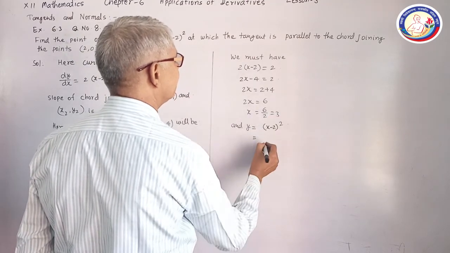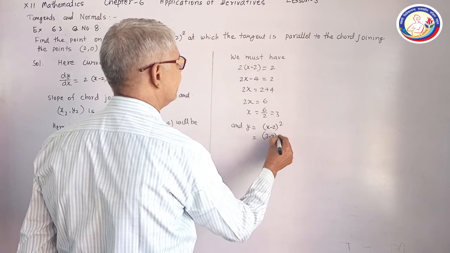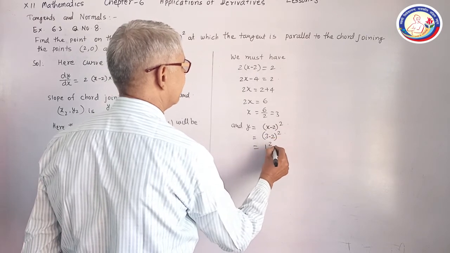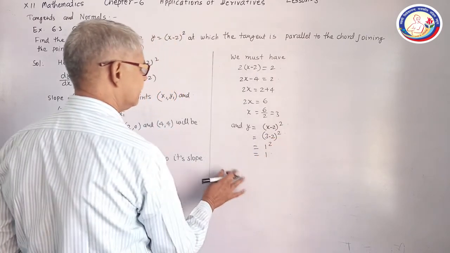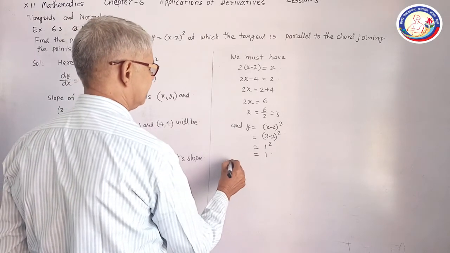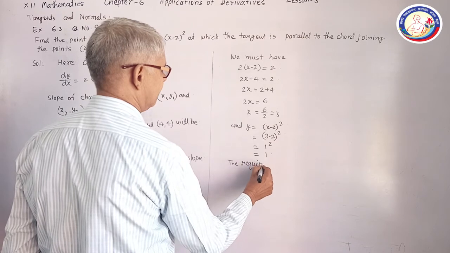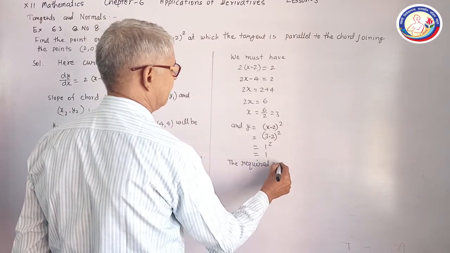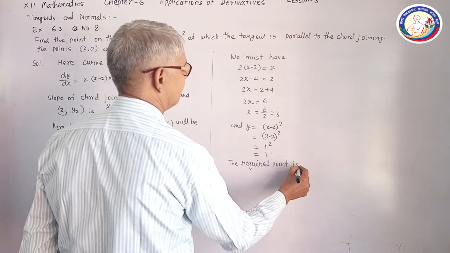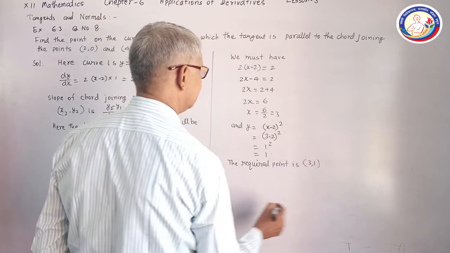So if we put x equal to 3 here, 3 minus 2 whole square, that is 1 square, and it is 1. So the point is 3, 1. This is our answer.